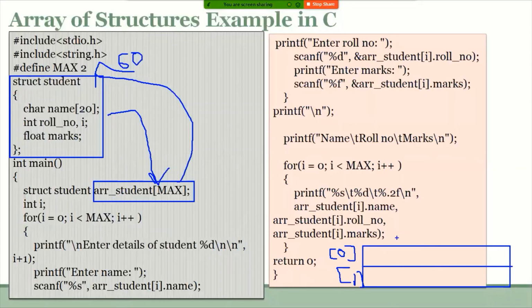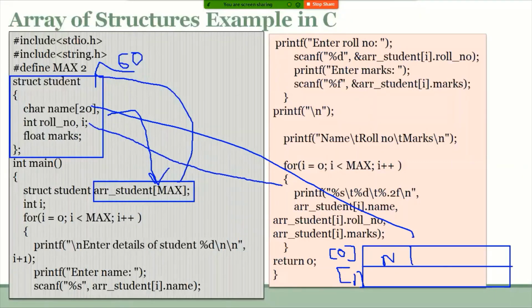The 0th structure element contains what? First name, next roll number, and next marks. Like that, the second structure element also has the same name, roll number, and marks.